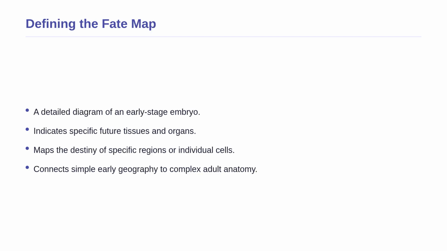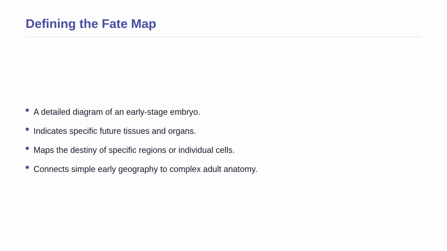Now that we have our blueprint analogy, let us formally define what this means in biology. A fate map is a detailed diagram of an early-stage embryo that indicates the specific future tissues and organs that will develop from each specific region or individual cell.